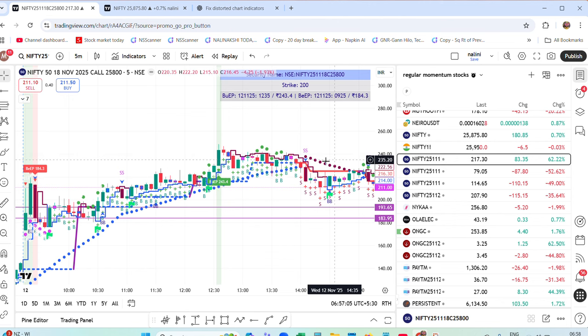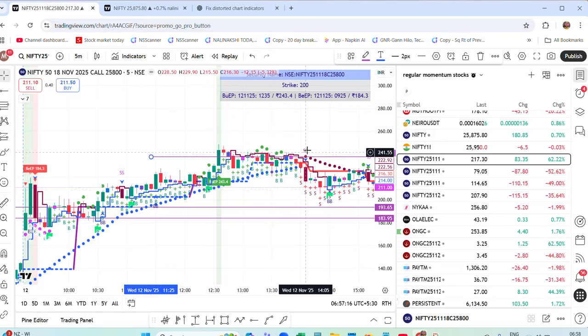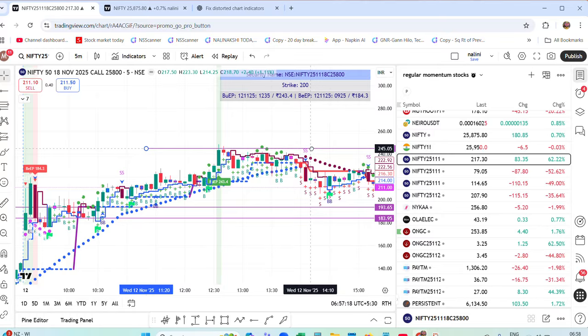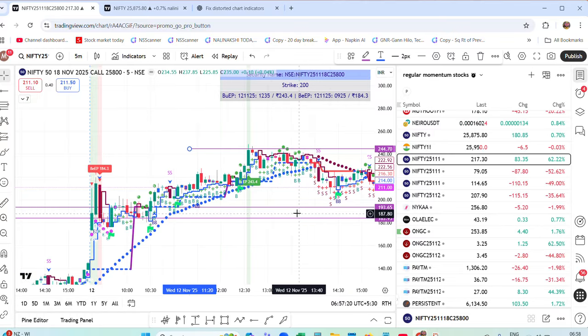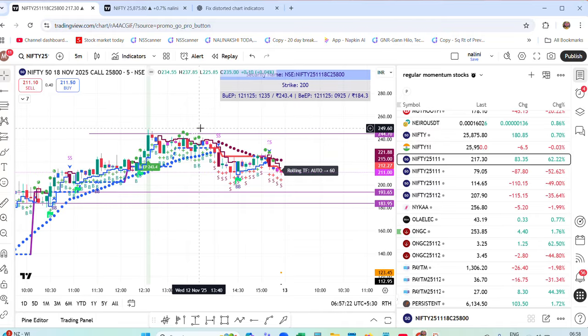So when this EP has been formed, it is indicating a bullish EP around 243. So mark this level, 243. See, the market could not sustain past this level. That is an indication that the market is going to come down.